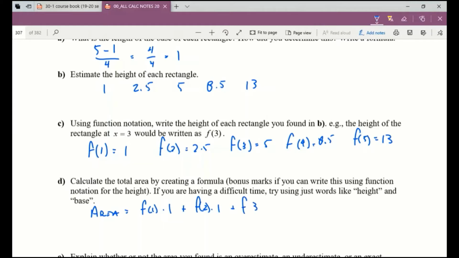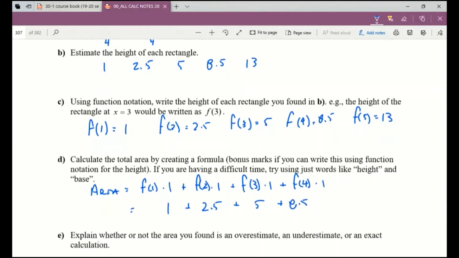Our third rectangle is f at 3 in height times 1 for width, and then f at 4 in height times 1. Adding those together, this ends up being 1 times 1, plus 2.5 times 1, plus 5 times 1, plus 8.5 times 1. And when we add that all together, this ends up being 17.